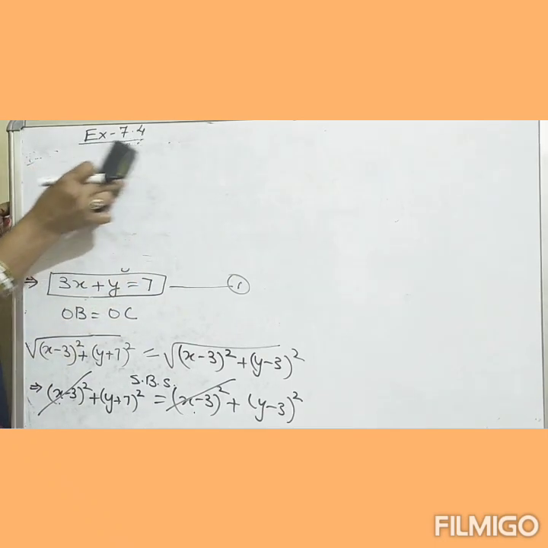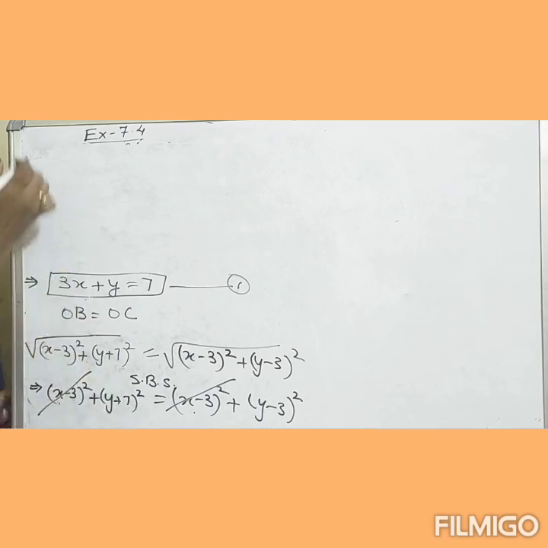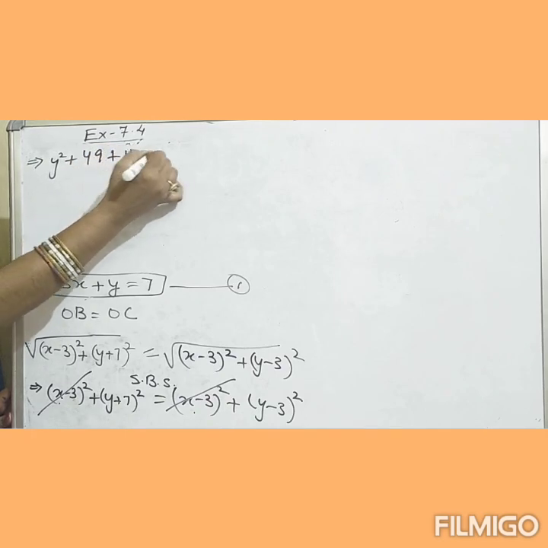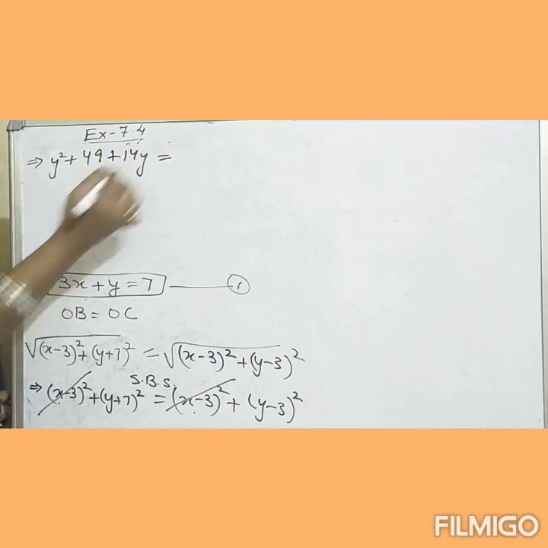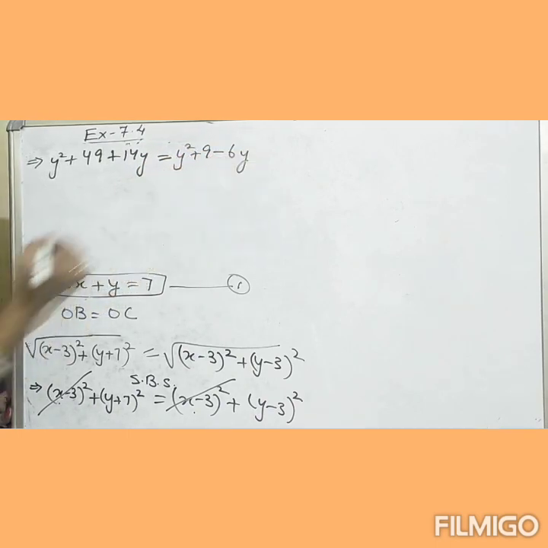Let us see. So open up the rest of the squares. Y plus 7 whole square means y square plus 49 plus 14y, and is equal to y square plus 9 minus 6y.